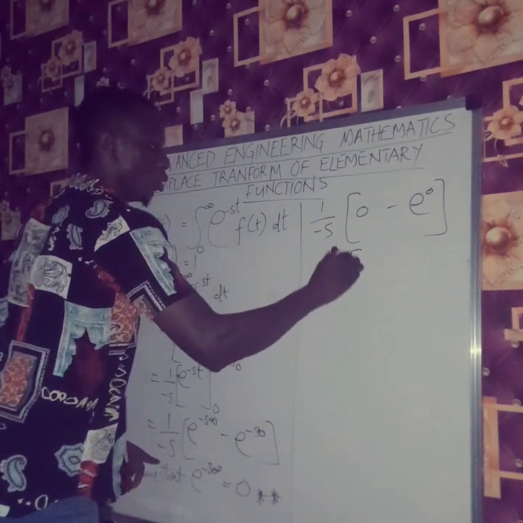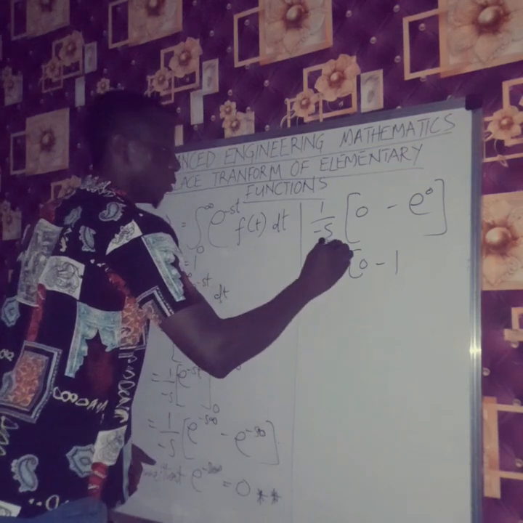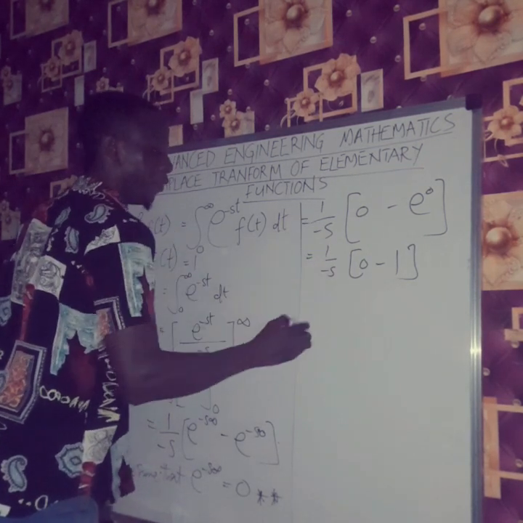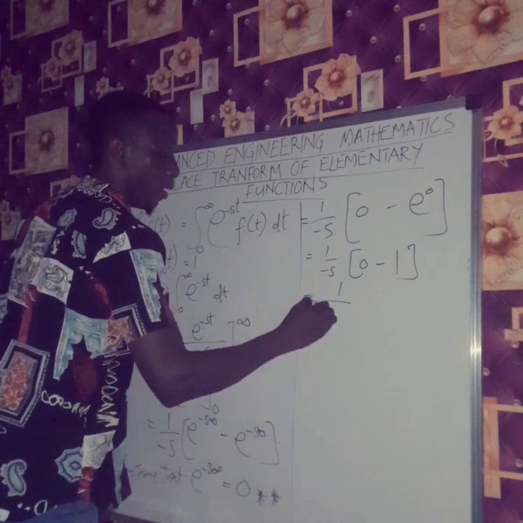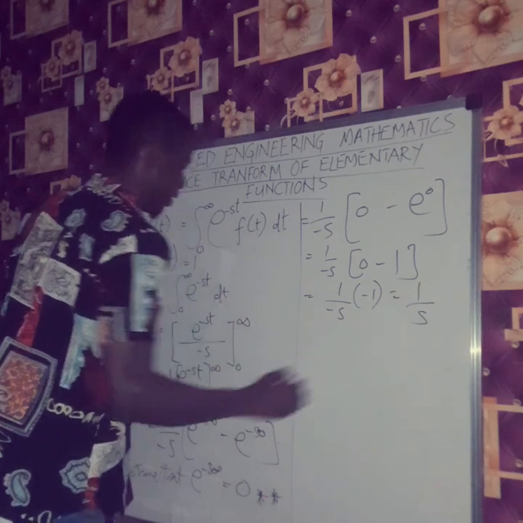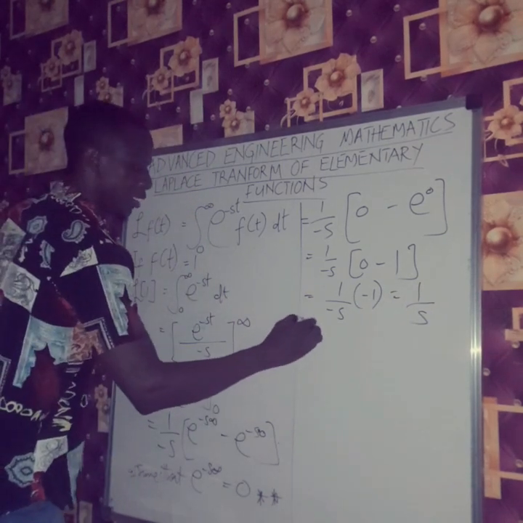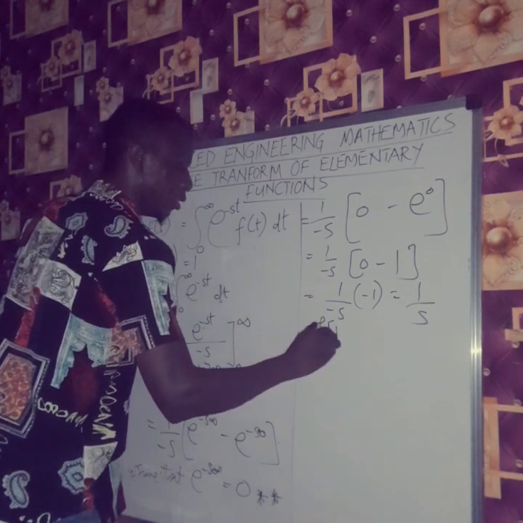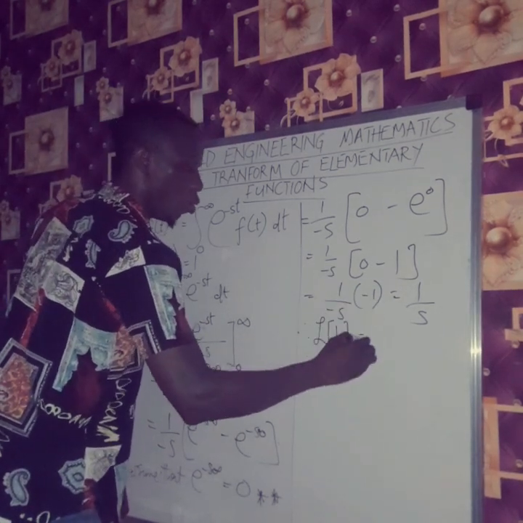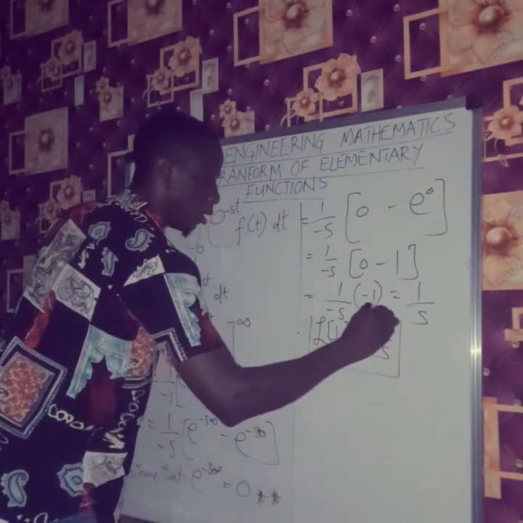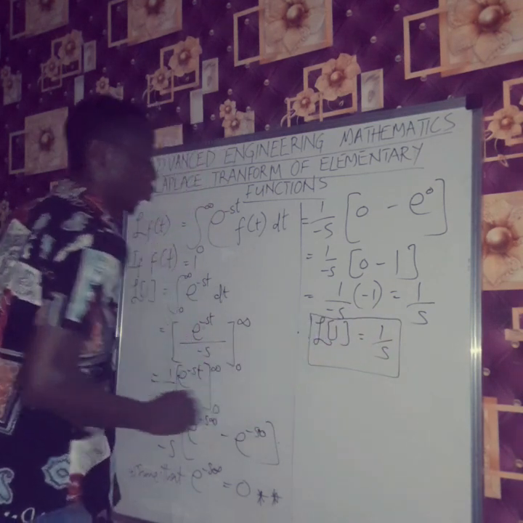It gives you 0 minus 1. At the end I have 1 over minus s times minus 1, which is equal to 1 over s. Therefore the Laplace transform of 1 is equal to 1 over s. The Laplace transform of 1 equals 1 over s.